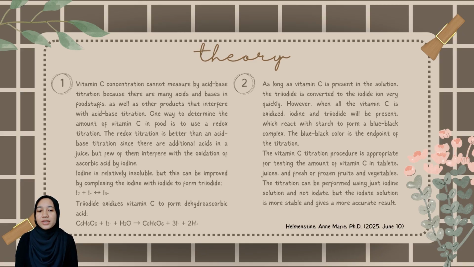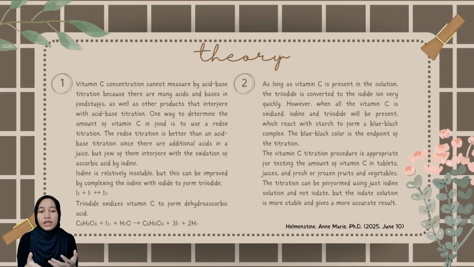As long as vitamin C is present in the solution, the triiodide is converted to iodide ion very quickly. However, when all the vitamin C is oxidized, iodine and triiodide will be present, which react with starch to form a blue-black complex. The blue-black color is the end point of the titration.